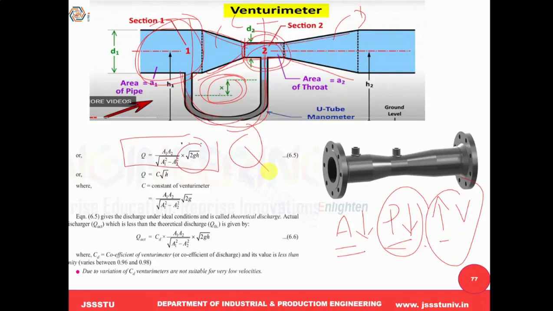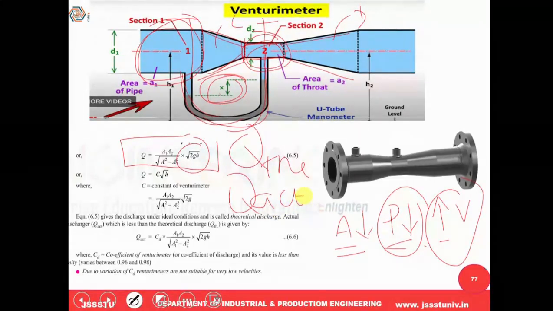But this is basically a theoretical one. When you calculate here you get one value, but when you do it practically, will the measured value be exactly the same? No, there will be a difference. That is called actual discharge. Why is there a difference? Because here he has not considered any losses.